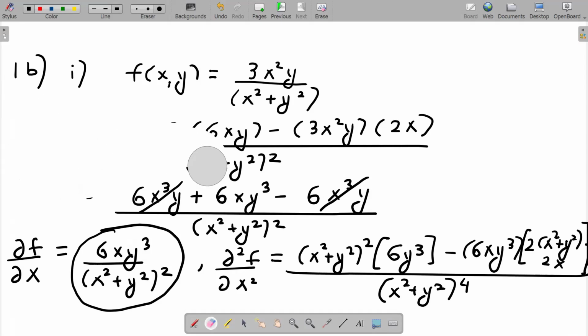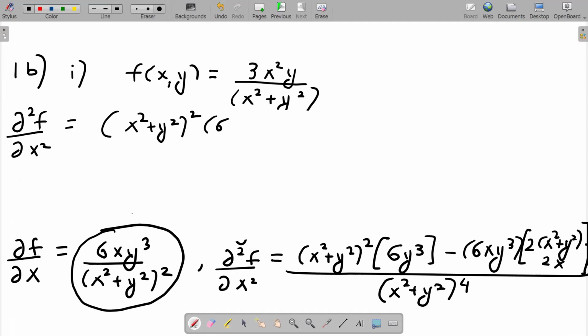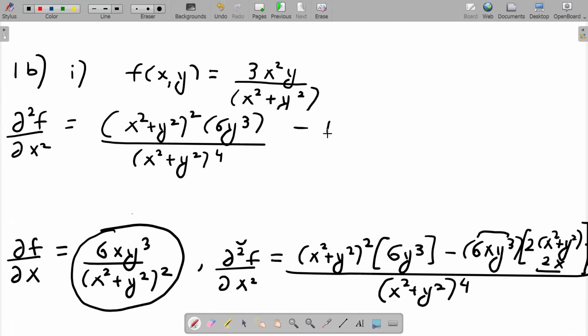If I erase this particular portion off, I can write that del square f by del x square is going to come out as, open up these brackets, x square plus y square whole square times 6y cube, whole divided by x square plus y square to the power 4, minus 6xy cube times 2x, which I can write as 12xy cube.